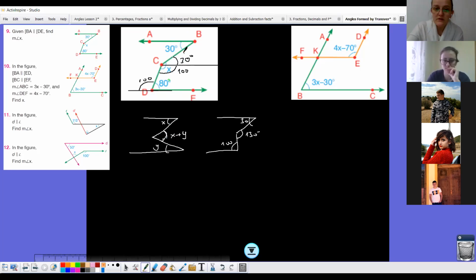I'm not writing everything, but you need to write that if you're using this way, this is 30 because they are alternate interior, this is 100 because they are on the same side, and then the sum will give the one that we are looking for. Or if you use this one, you write from the property or theorem, 30 plus 100 will give us the x. Teacher, will you upload the videos for geometry?